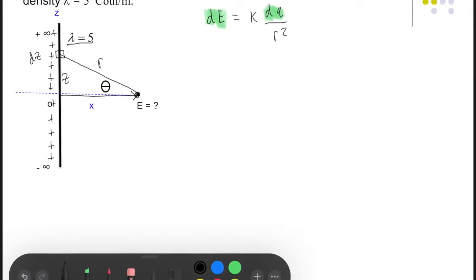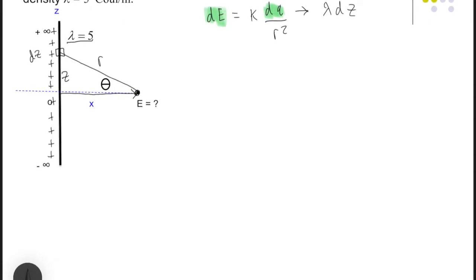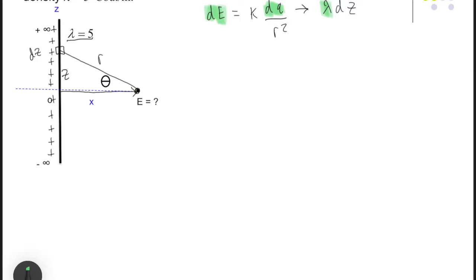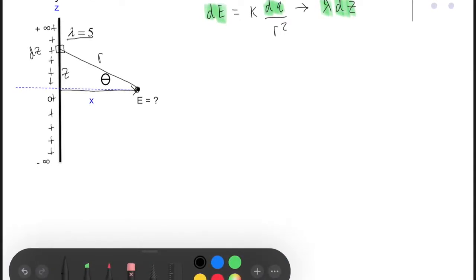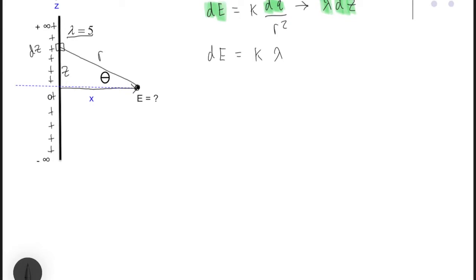So what does this mean to us? Well, our dq can be turned into lambda dz, which just says that the charge density is multiplied by our length element. Alright, so we can write dE as k lambda dz over r squared.